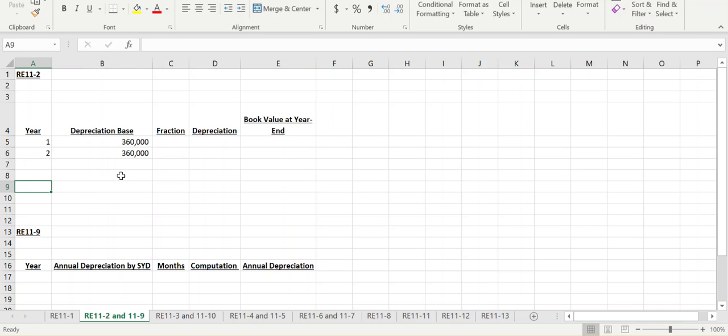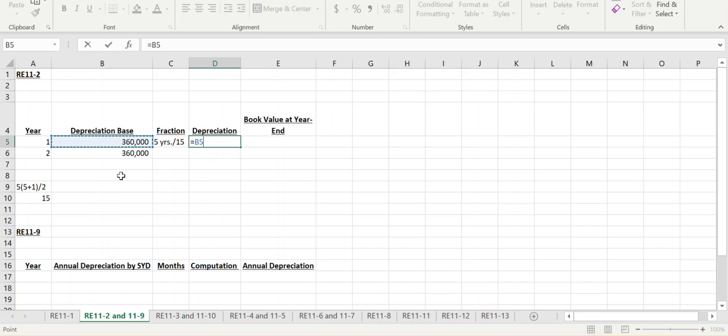So you can either do 1 plus 2 plus 3 plus 4 plus 5, or very simply, if you do 5, because that's its useful life, times 5 plus 1, and divide the whole thing in half, that will get you your denominator. So for us, that's going to be 15. So our fraction is 5 more years of that asset's useful life over that 15 value.